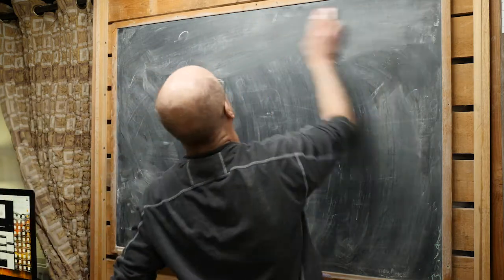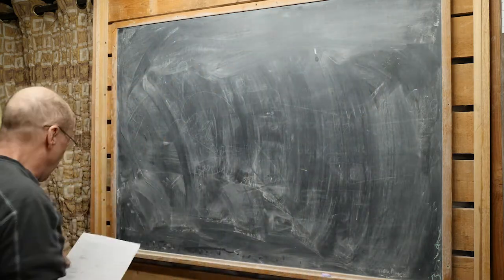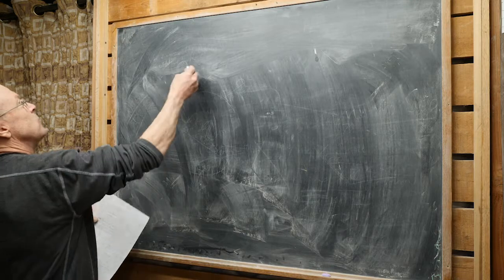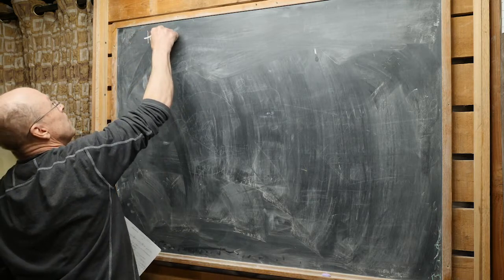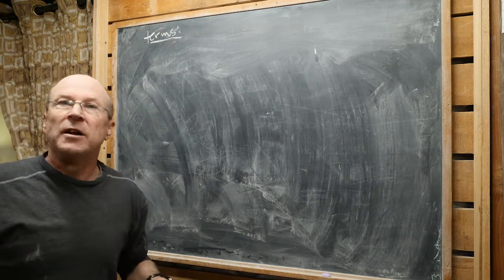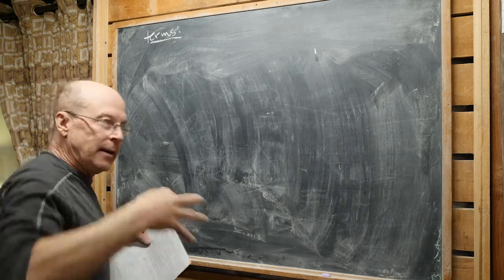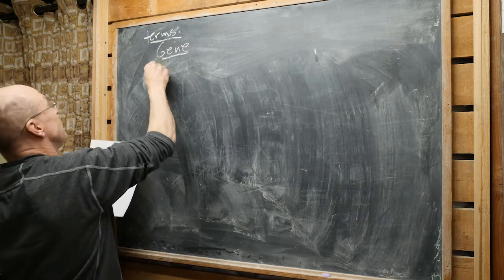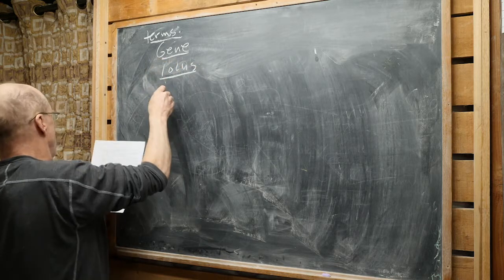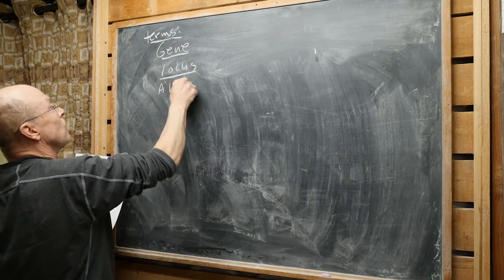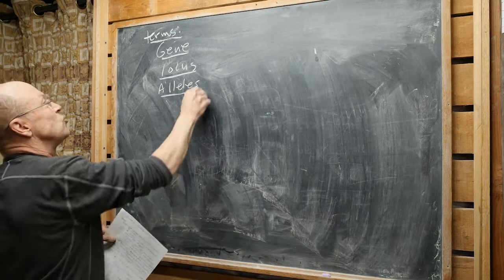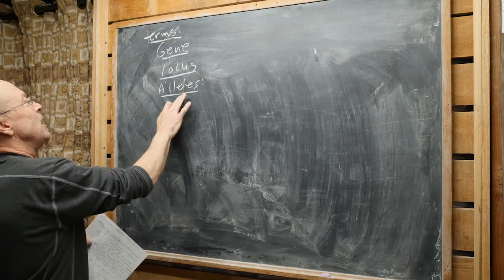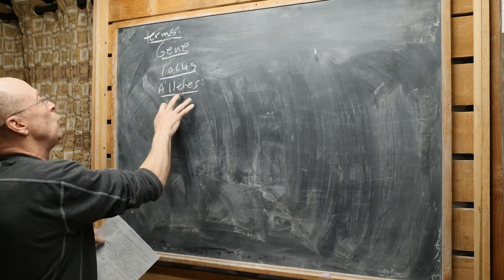Let's get busy here with a summary of some of our terms. You've seen these terms before, but it's good to write them down again and get this all tight. We've already defined a gene, a locus, and alleles. And this is the one we really want to expand and get new stuff. I'm going to bring some really cool ideas out.